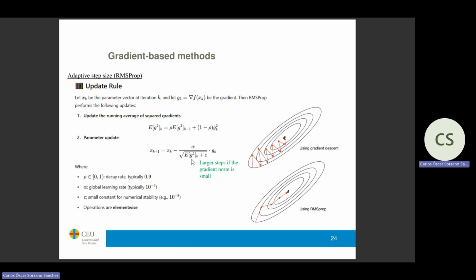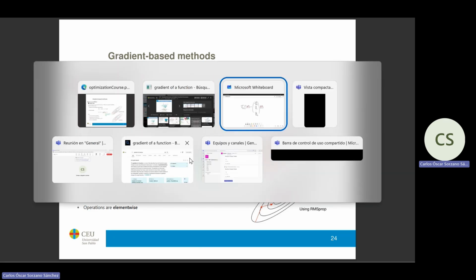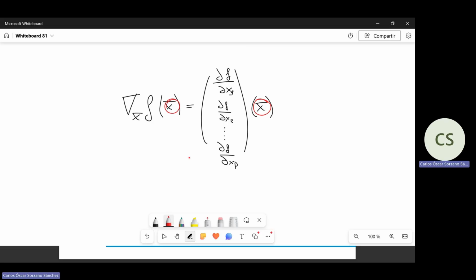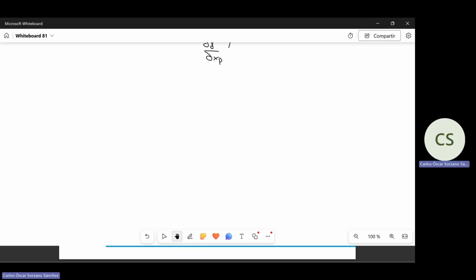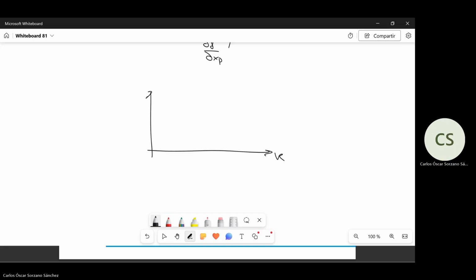So let's say that the norm of the gradient is all the time constant. We have called it g squared in the slides. So let's say that it is constant, but we started with 0.